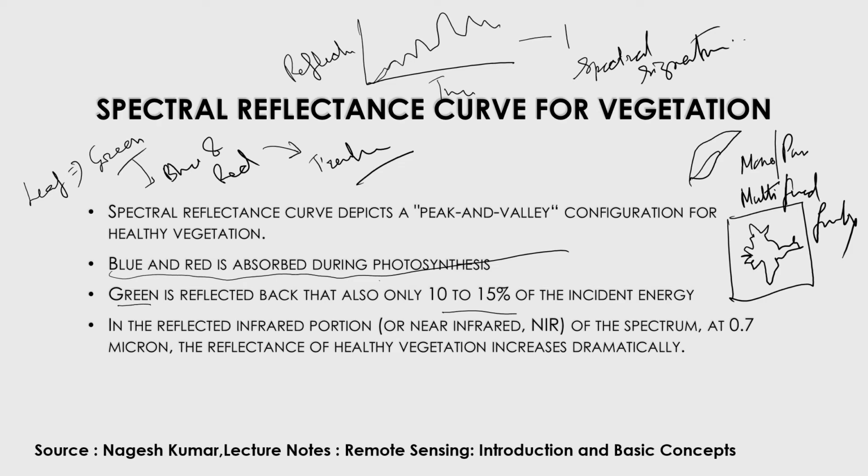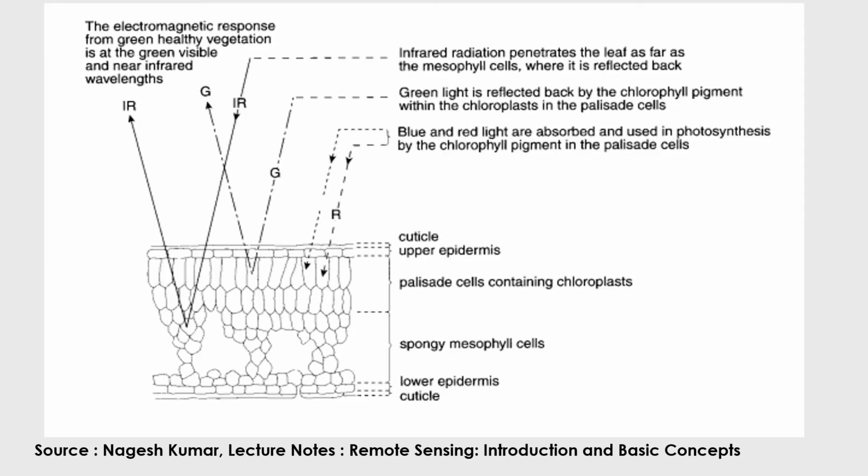When there is a color image, then the spectral reflectance carries three bands, sometimes four bands. The fourth band is actually the infrared. Here, this is a graphical image showing how light is reflected and encoded by a remote sensing camera.